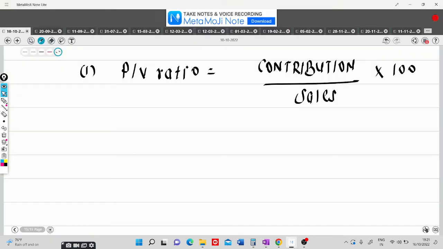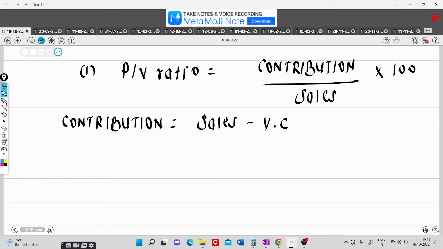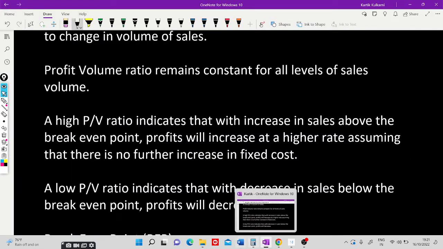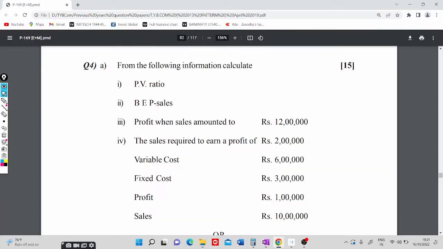So now we have to calculate PV ratio over here. Contribution upon sales into 100. First we will calculate contribution. Contribution is equal to sales minus variable cost. We have been given sales in the problem as 10 lakhs. Variable cost is 6 lakhs.